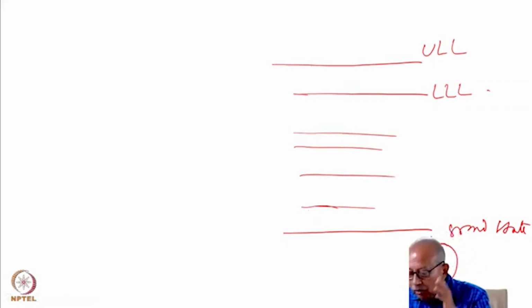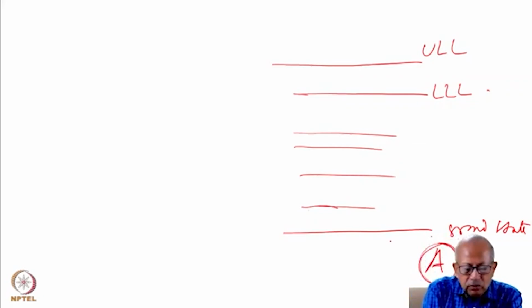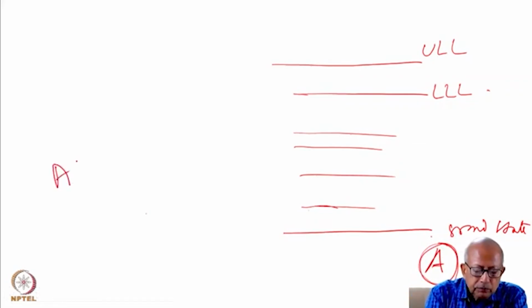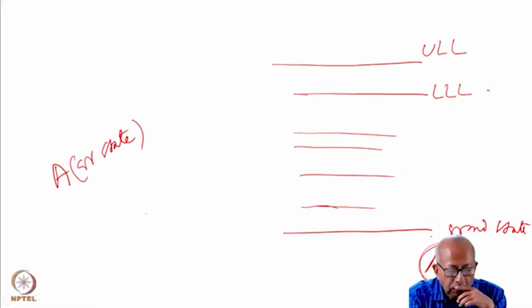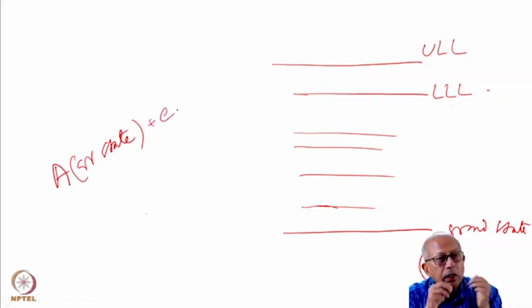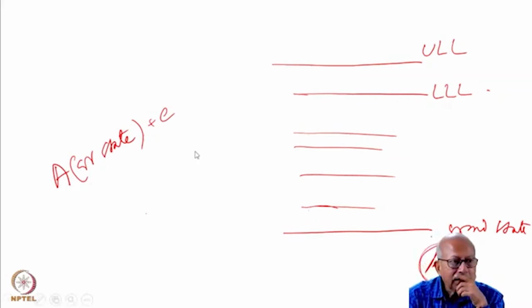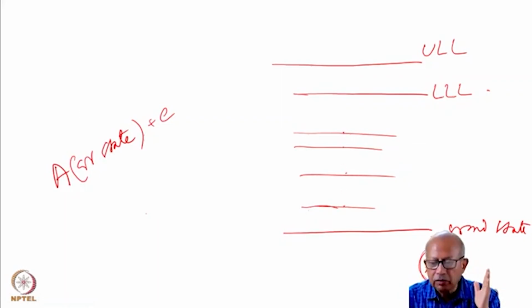When you create a discharge in this gas, the atoms in the ground state will collide with electrons, and this collision can bring the atom to any of these states, depending on the energy of the electron.